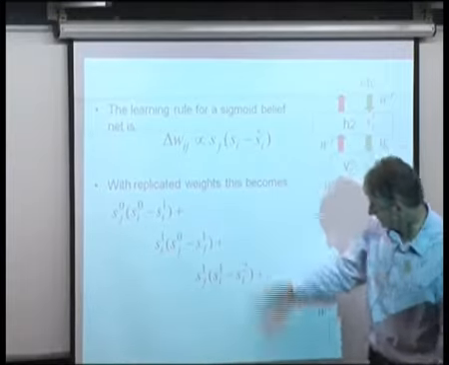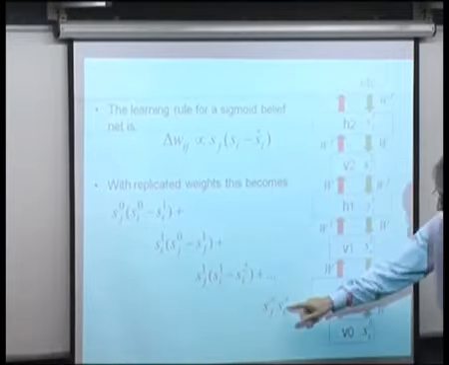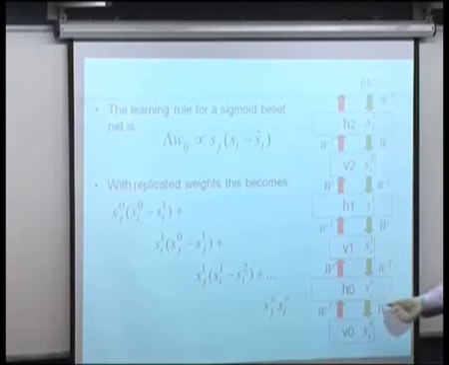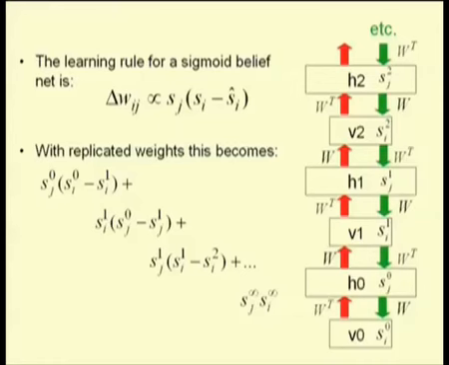And this cancels, and this cancels. And it all cancels until you get down to infinity here. And so if you take this directed belief net and figure out the learning rule, you get all these derivatives, and they all cancel out, and you end up with a correlation you get here and a correlation you get up at infinity there, and that's the Boltzmann machine learning rule.